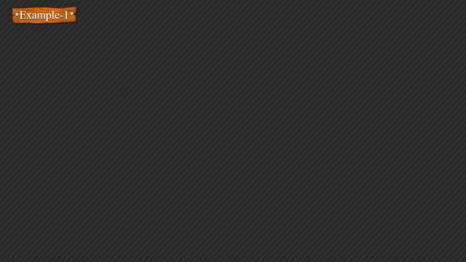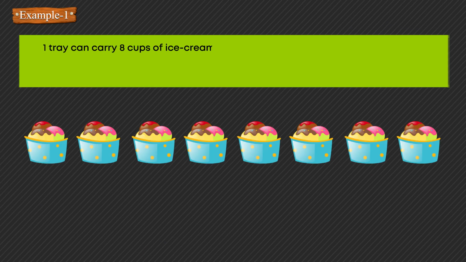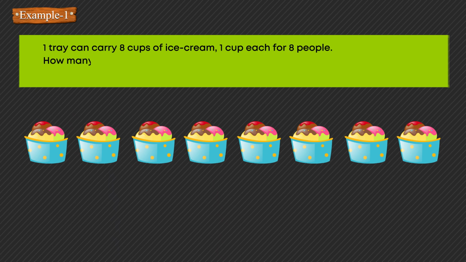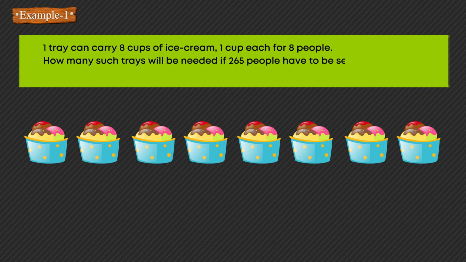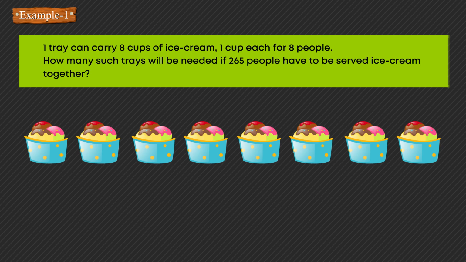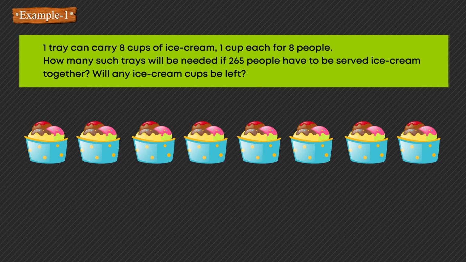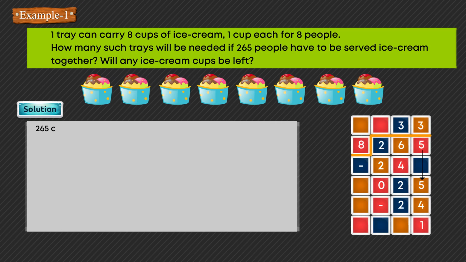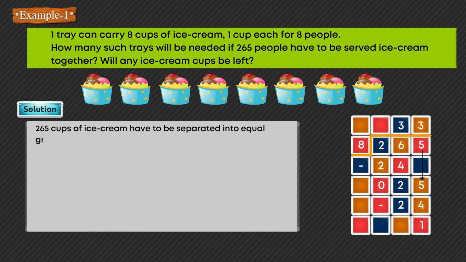Example 1. One tray can carry 8 cups of ice cream, 1 cup each for 8 people. How many such trays will be needed if 265 people have to be served ice cream together? Will any ice cream cups be left? Solution. 265 cups of ice cream have to be separated into equal groups of 8.